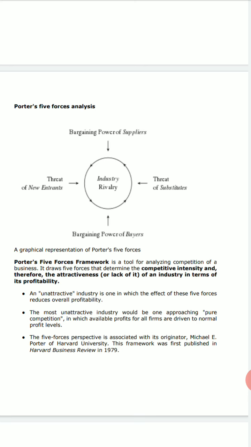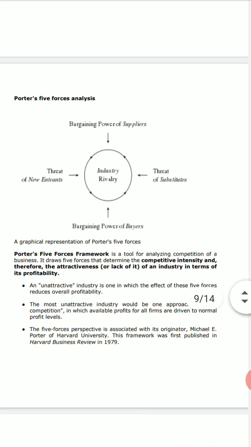I repeat, bargaining power of supplier, or we can say the threat of new entrant, then the bargaining power of the supplier. The order does not matter. What matters is their position. It has to be vertical, then it comes up as bargaining power of the supplier on one hand, that means upper hand, and bargaining power of the buyer at the bottom. In between it can be industry rivalry.